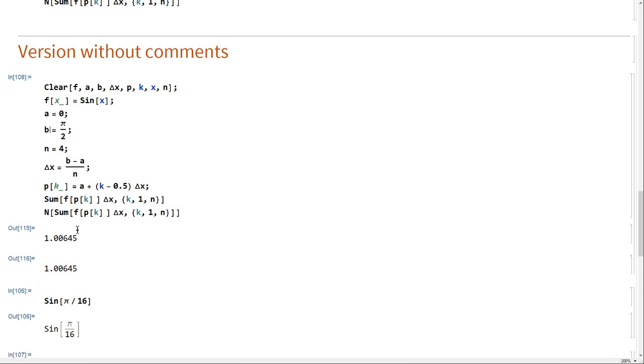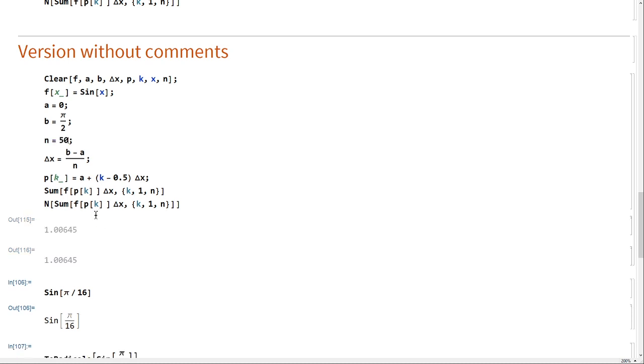This is our starting and our ending point, so in this case, 0 to pi over 2. N is the number of rectangles, so let me change that to 50. This line we don't have to change. This is the width of the rectangles. And this extra line down here I added so it always spits out a decimal.